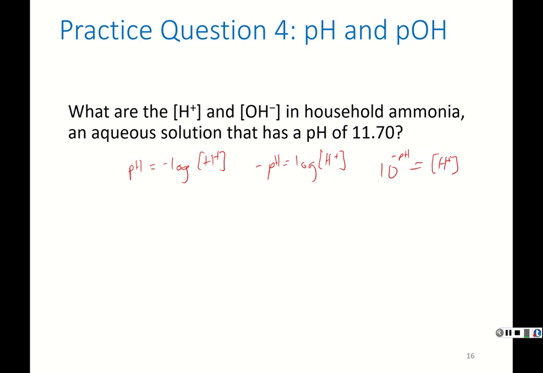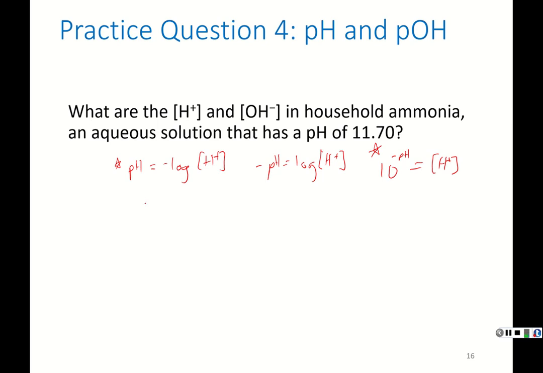If you're good with math, you can just remember this equation. If you're not so good with knowing what to do with logs, you might want to just remember this equation as well: 10 to the negative pH equals the hydronium ion concentration.